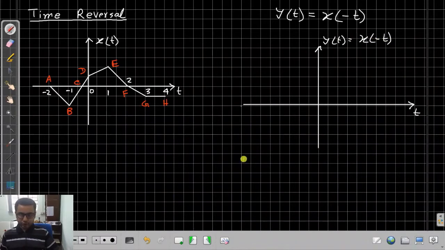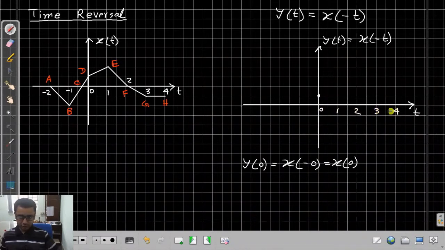What will be the value of y at t equal to 0? That is going to be x of minus 0, same as x of 0. And x of 0 is 1, so that point will be here. This is t equal to 0, 1, 2, 3, 4, minus 1, minus 2, minus 3, and so on, minus 4.